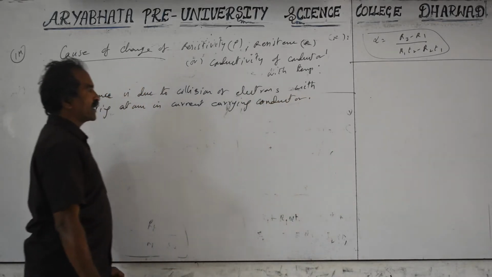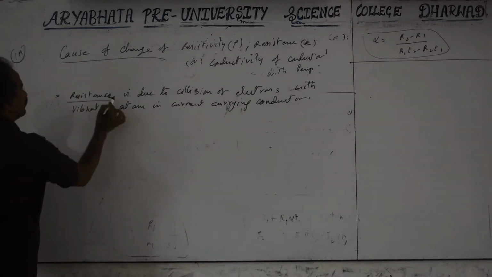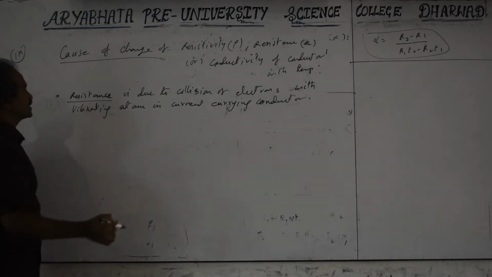Whenever the electrons are colliding with the vibrating atoms, they cannot move freely. So the free motion is not there, opposition is there, that is called the resistance.